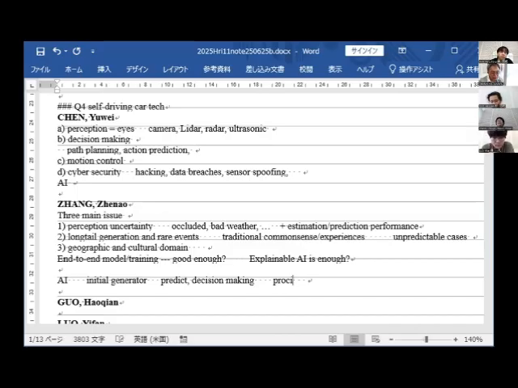It's using the basic... Okay. Decision making is a different system. Some other system will do the decision making.